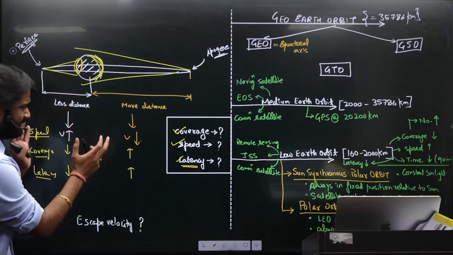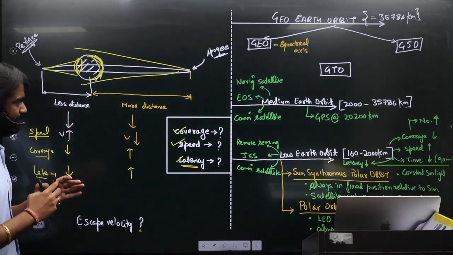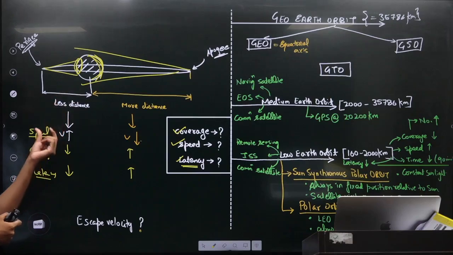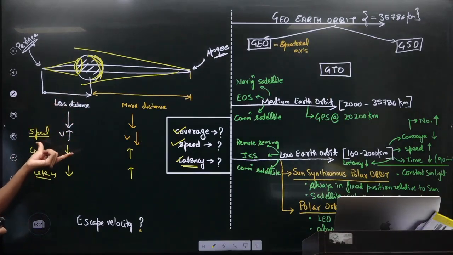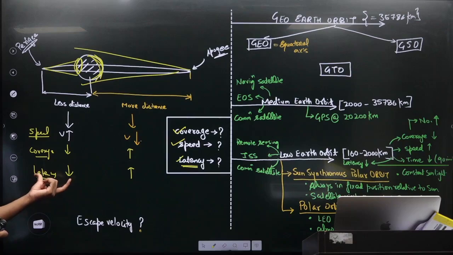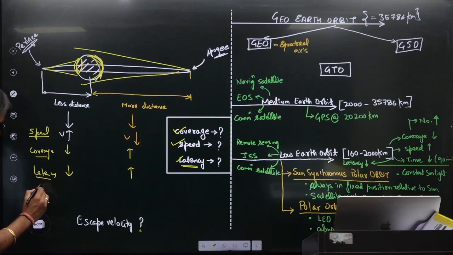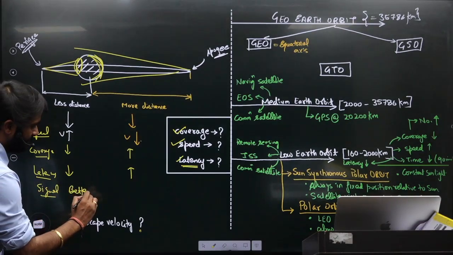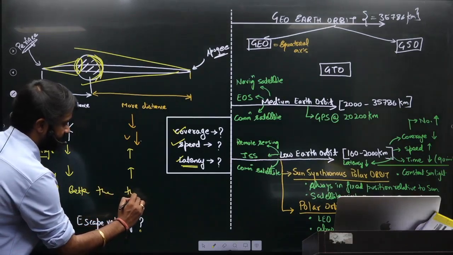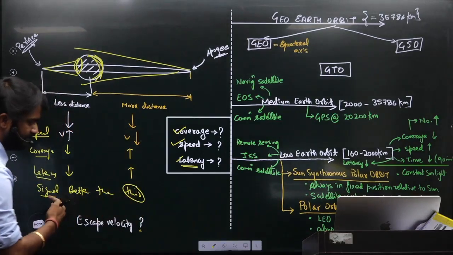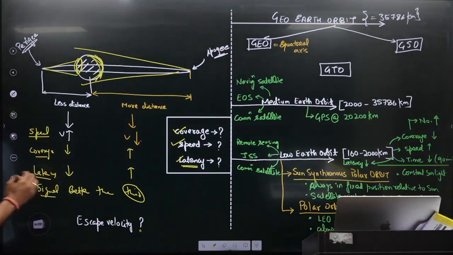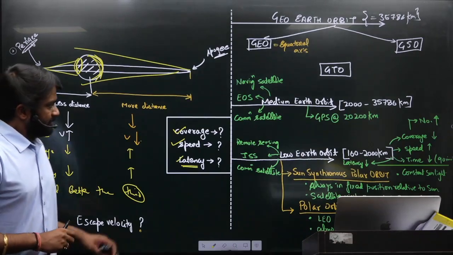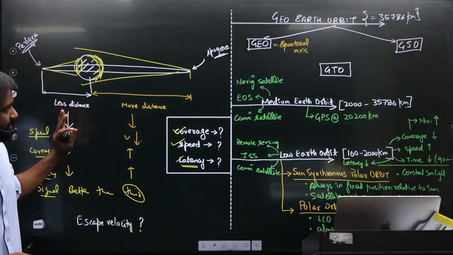So based upon the distance, at less distance speed will be high, coverage will be less, latency will be less, there will be less time gap, so a better signal. In case of less distance, low latency, better signal.